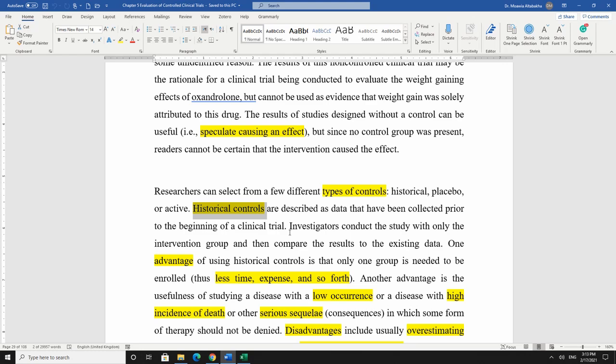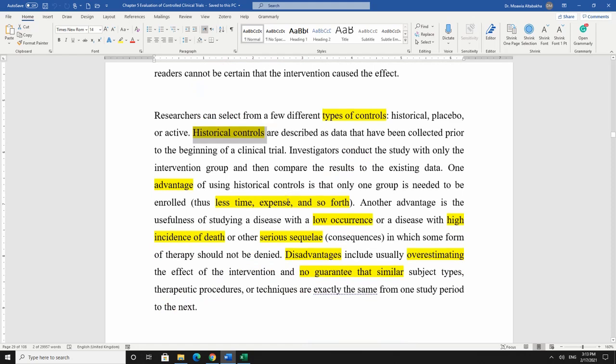So in such cases, maybe it's having certain advantages. Of course, I'm only using one group, so it's cheaper for me to conduct the trial and less time, etc. Of course, there are disadvantages, and these disadvantages include, there is no guarantee that there are similarities in the subjects you recruited and the subjects that you took data from historically.